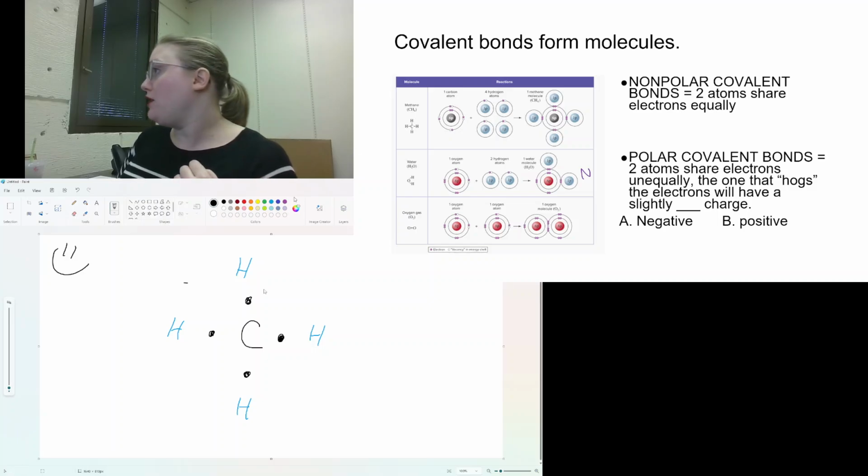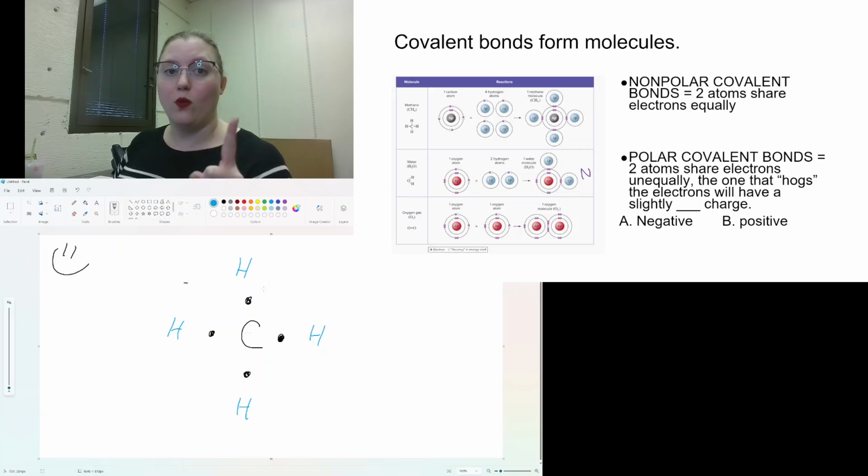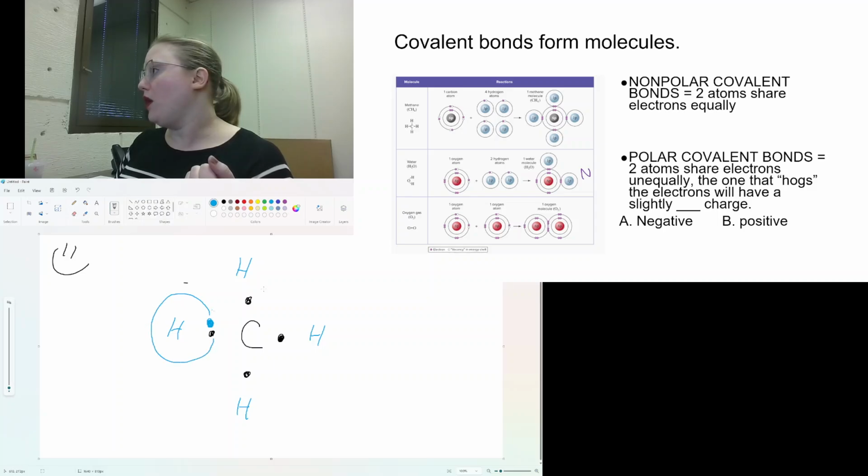Hydrogen, remember, has one electron each, right? So hydrogen wants to make one bond. If we have a hydrogen that wants to bond to a carbon, it would make a covalent bond, sharing its one electron with carbon. And so one hydrogen electron would pair with one of carbon's unpaired electrons, and we would form a bond. Okay.